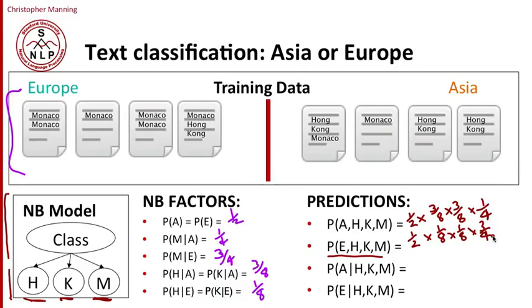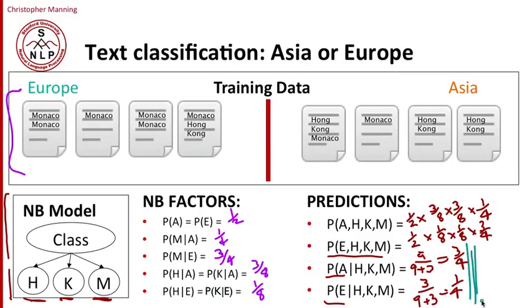Again, the denominators are the same and can be ignored, so the posterior probability of Asia is then going to be 3 times 3, 9 over 9 plus 3. So that's then 3/4. And the posterior probability of Europe is going to be 3 over 9 plus 3 equals 1/4.